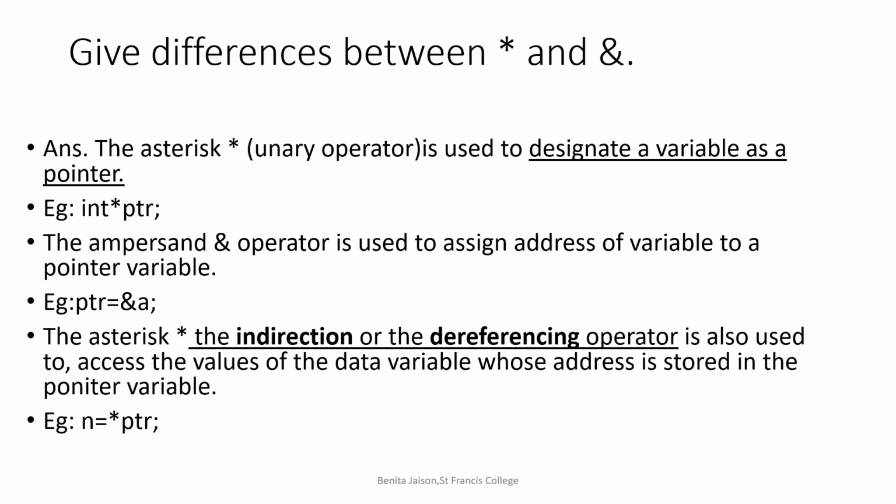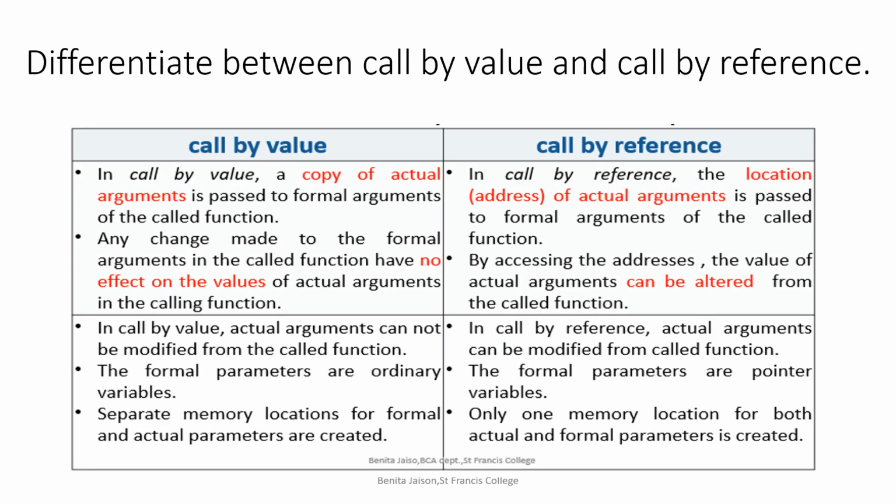When it is given between the data type and the pointer variable, it designates a variable as a pointer variable, as a unary operator. When the asterisk is given along with a pointer variable, it accesses the value stored at the address indicated by the pointer, while the ampersand is used to assign the address of a variable to a pointer variable.